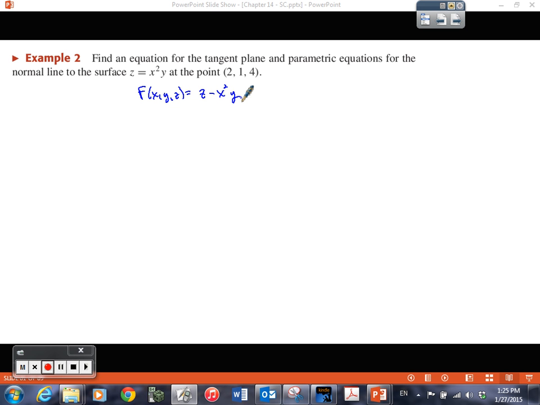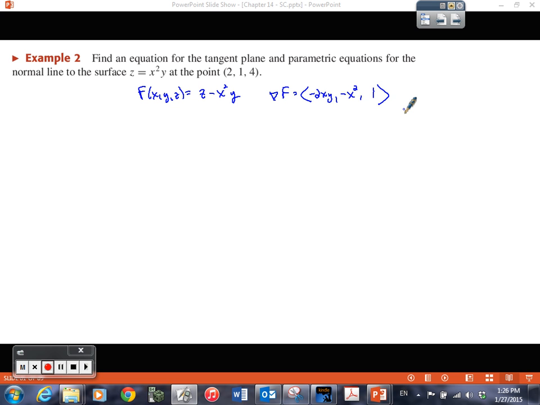So to get our tangent plane, we really need our gradient. I mean, that would be our normal vector, right? So our gradient is going to be the partial derivative with respect to x, which is negative 2xy, and the partial derivative with respect to y, which is negative x squared, and then the partial derivative with respect to z, which is 1.